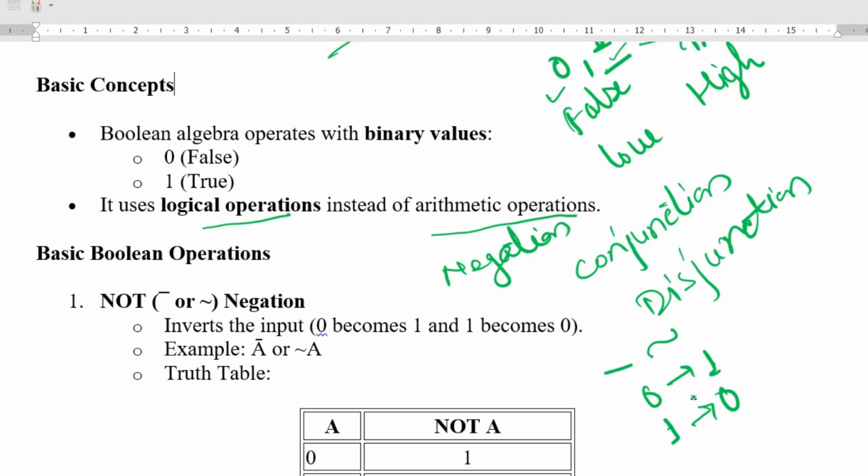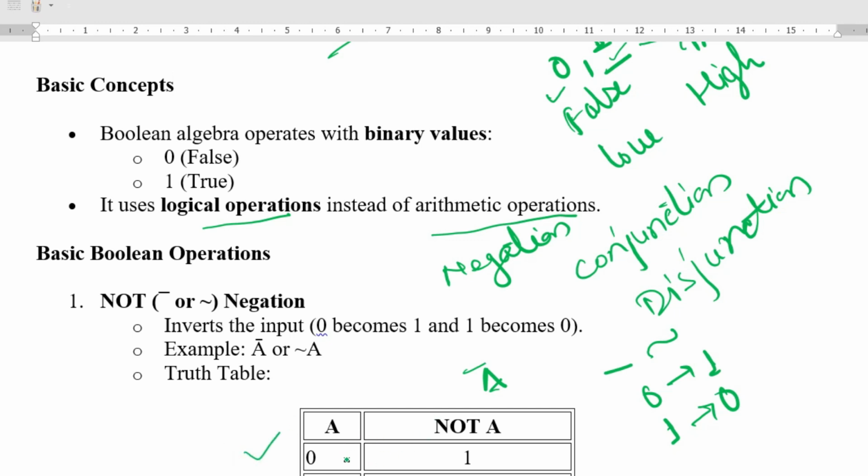Normally we represent it by a bar on the variable. Let's understand the truth table for this negation operation.